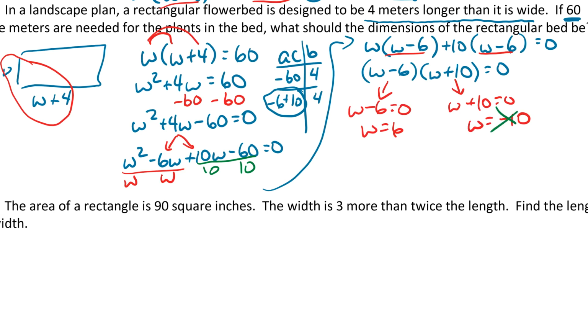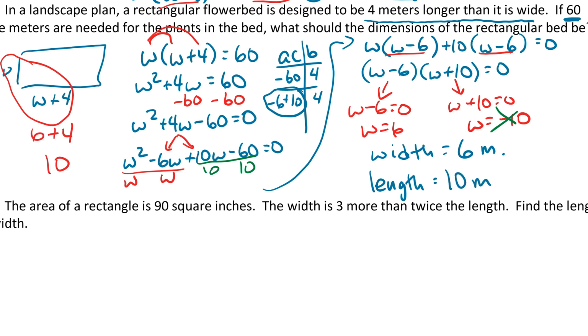So we know that our width is going to be 6 meters. To find the length, we plug in that 6 over here. 6 plus 4 would give us 10. So the length is 10 meters.